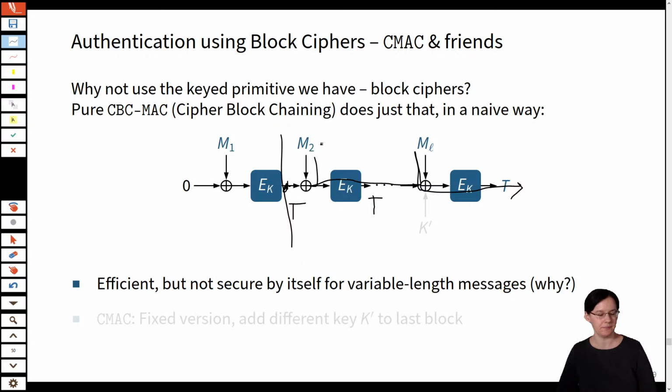And how would you do that? Well, there is one input to the block cipher of which you already know the output, and this one input is M1. So if you choose M2 in such a way that the input to the block cipher is again M1, then you will again get the tag T. So in particular, if you choose M2 as T XOR M1, then what you get is you have T plus M1 here, you add T, so T cancels out, and all that will remain is M1 going into the block cipher again, and the tag will stay the same.